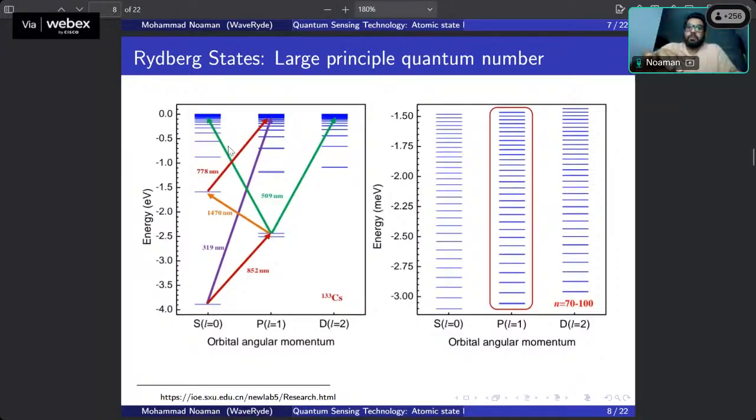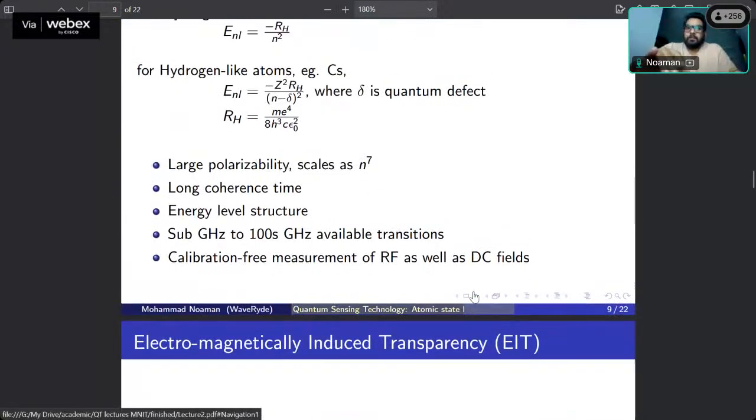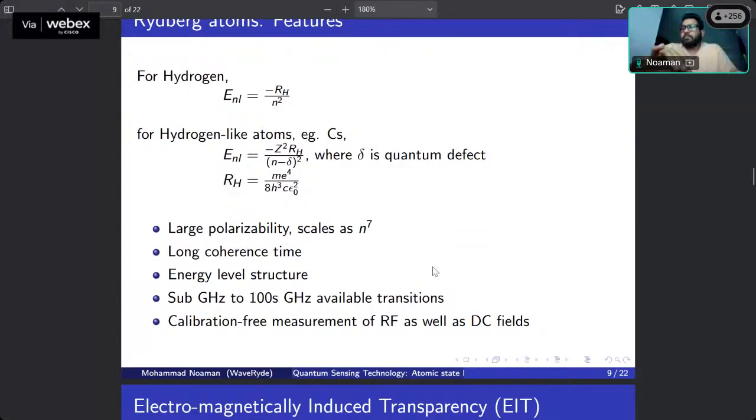But as you go up to upper Rydberg states, the energy level spacing comes close to the radio frequency band. So, for example, these states are going to cover frequencies from a few hundreds of megahertz up to a couple of hundred gigahertz.